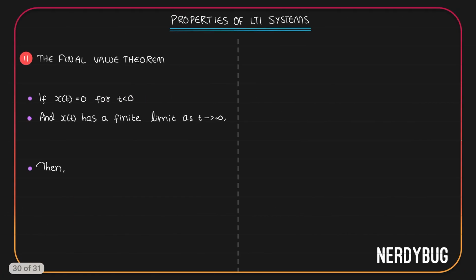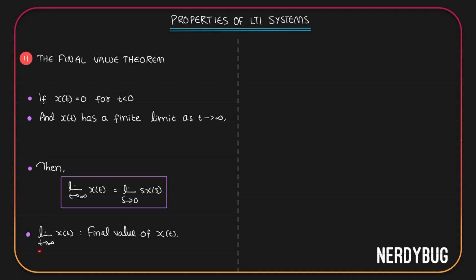Let us go to the next property. This is the final value theorem. According to this, if x(t) is equal to 0 for t less than 0 and x(t) has a finite limit as t tends to infinity, then limit t tends to infinity x(t) will be equal to limit s tends to 0 sX(s).